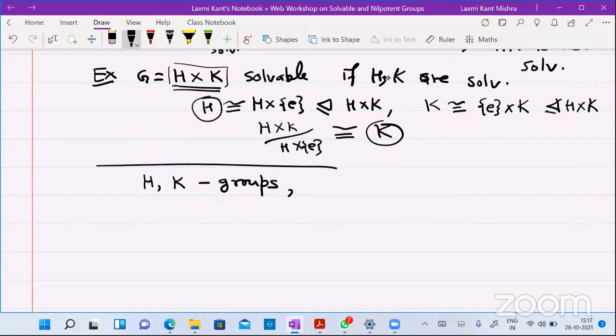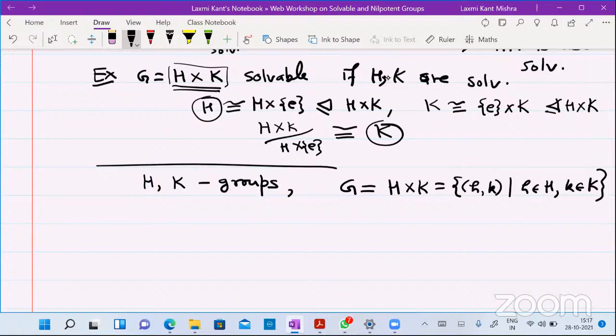Suppose G is nothing but H cross K, that means it is the collection of all ordered pairs of H and K. And one more thing, a homomorphism phi is given from group K to Aut H. What is Aut H?